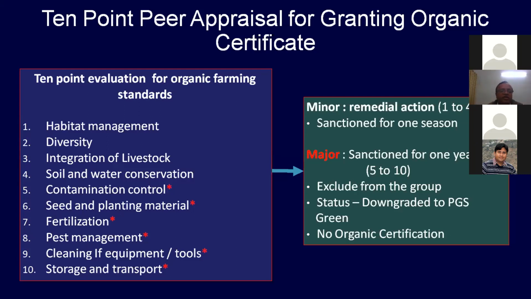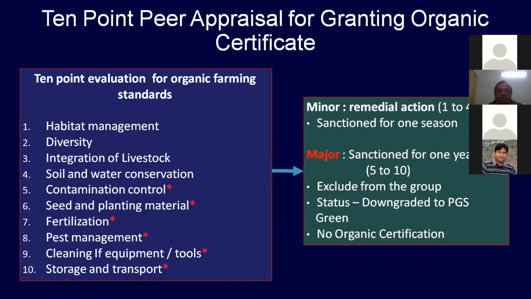Then diversity. Diversity means the farm should have various types of plants and trees which are required for preparing natural or organic insecticides, organic pesticides, organic fungicides, and that diversity should help maintain habitat for the predators also.